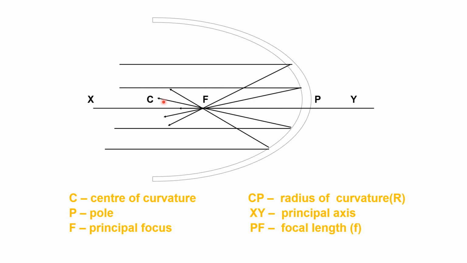Next, radius of curvature is the radius of the spherical mirror. Next, the focal length is the distance between the pole and the principal focus of the spherical mirror. So this is the focal length. These are some of the terms for your easy understanding.